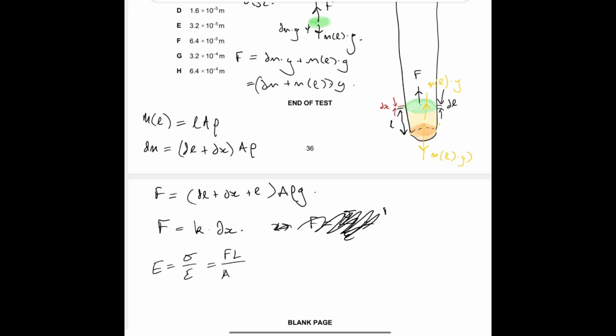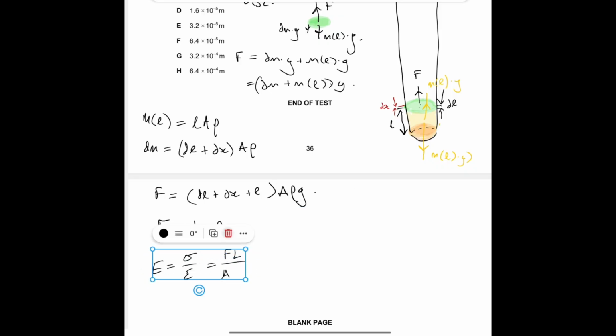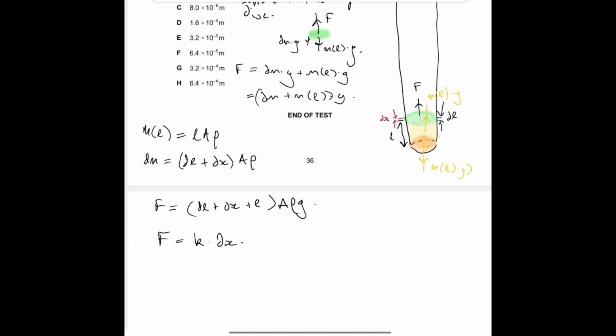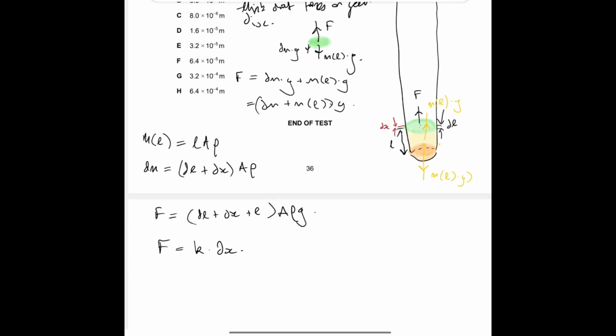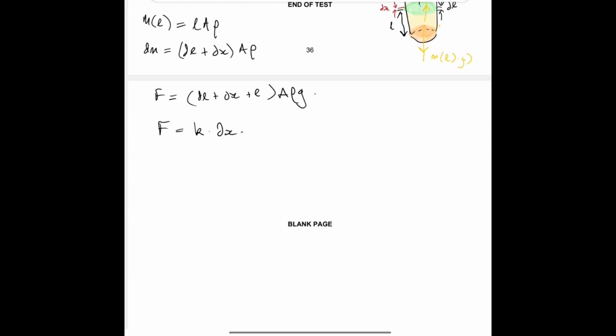Anyway, let me just reword this. Now I want to find what K is in terms of the Young's modulus, because obviously we don't have the spring constant. There's a formula for it, but I forgot it, so I'm just going to rederive it.